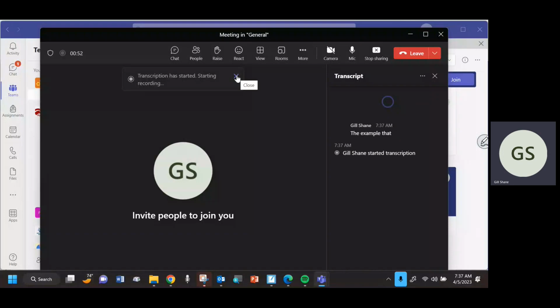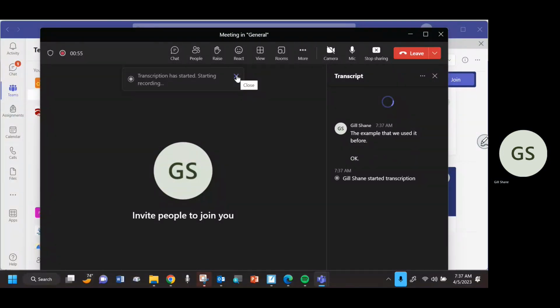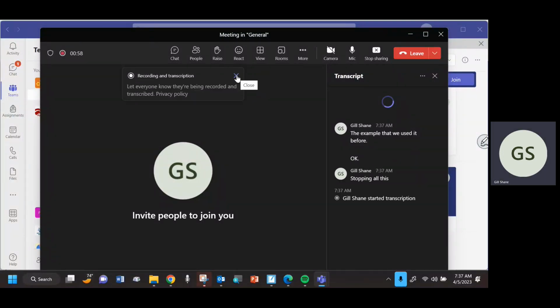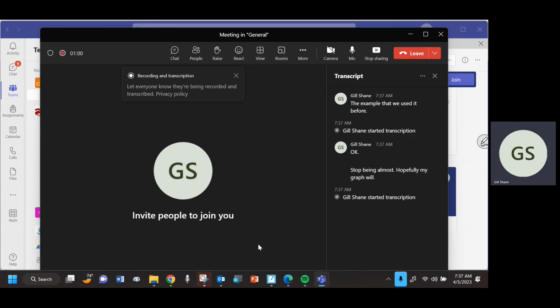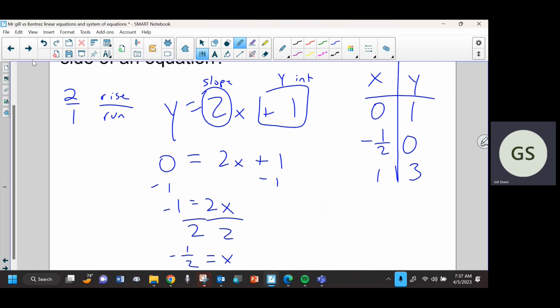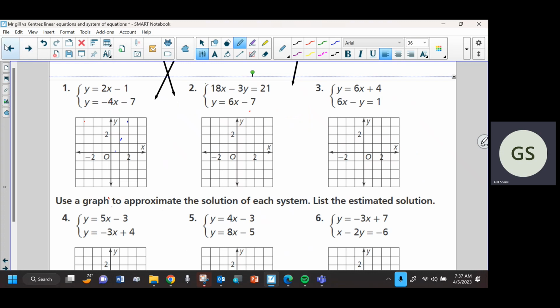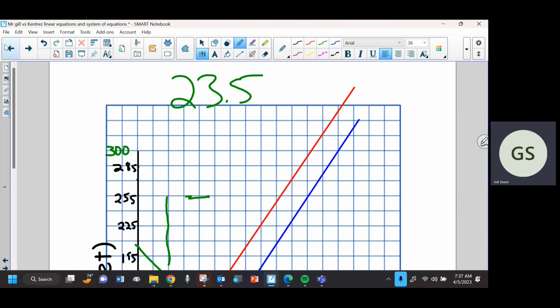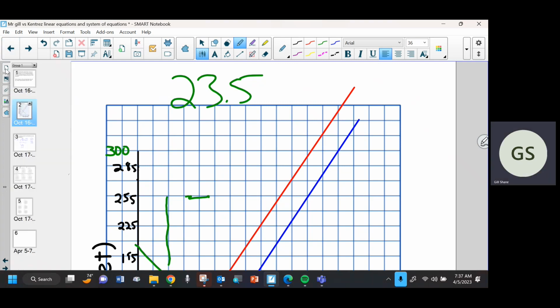Example because we've used it before. Hopefully my graph will work. If not, I'll change it a little bit. All right, so the next page. Oh, that's actual practice. I can probably work with this graph here.